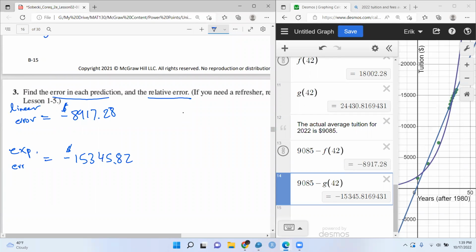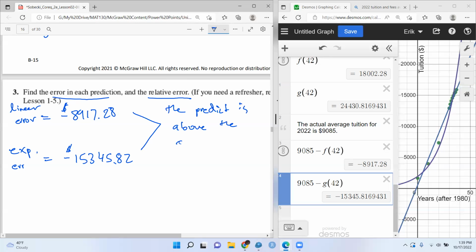If we subtracted the other way, those numbers would just be positive. What this is saying is that the model, the predicted value, is above the actual value by that amount.